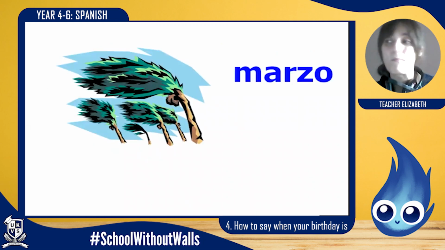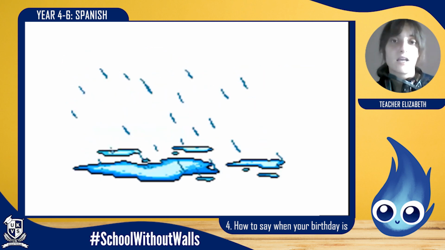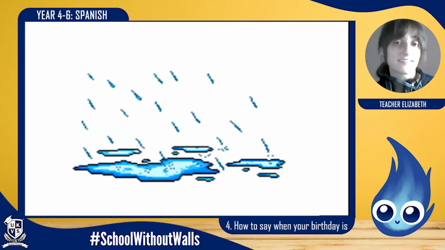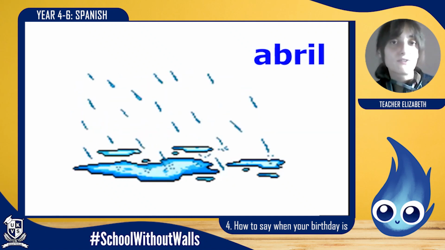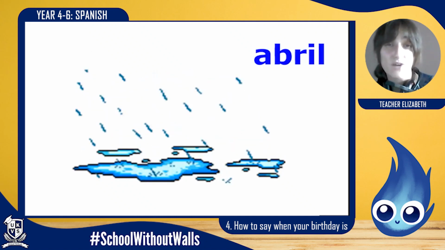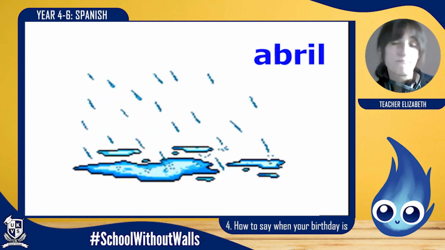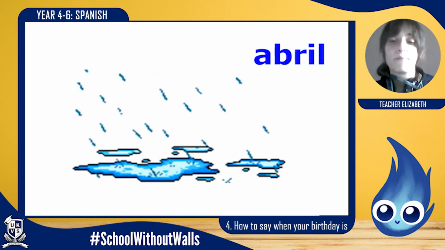Marzo. Notice what we said about this th sound. So theta, marzo. Después tenemos llueve aquí. It's raining, llueve. Abril. Notice how in Abril, we don't say April. It's not a P, it's a B. Okay, Abril.